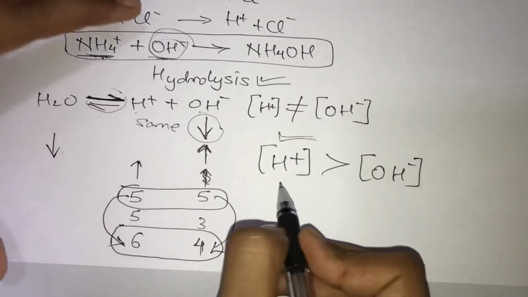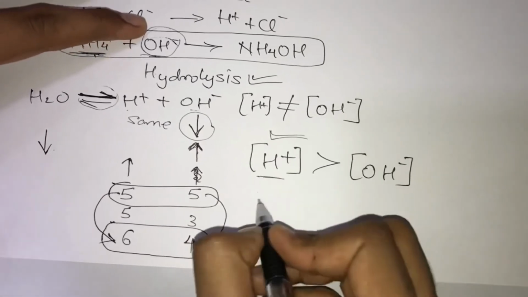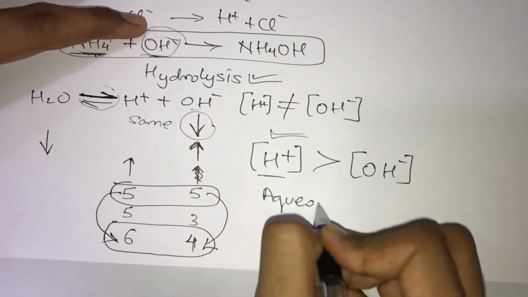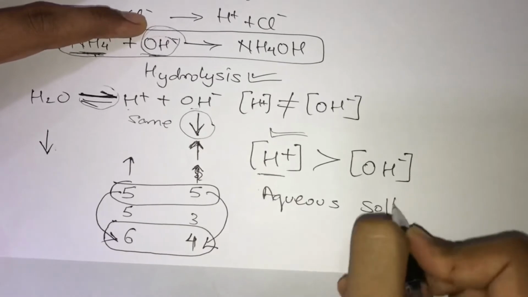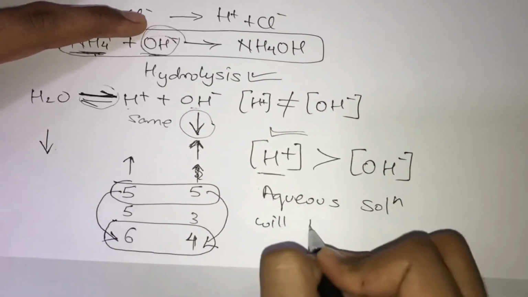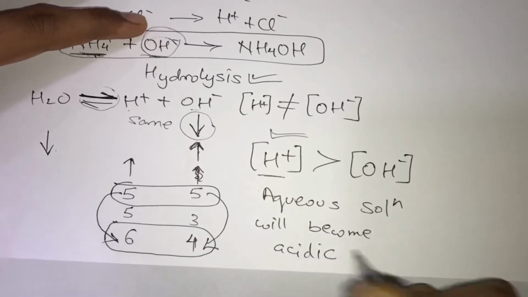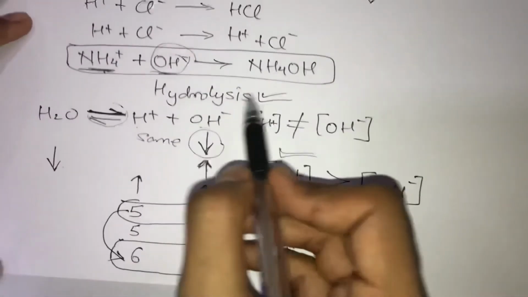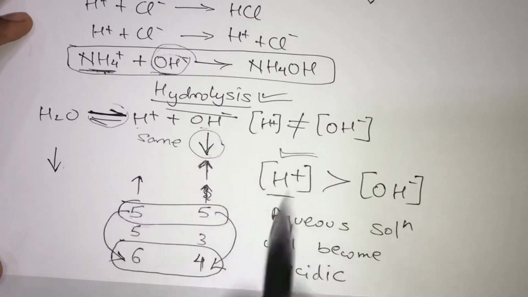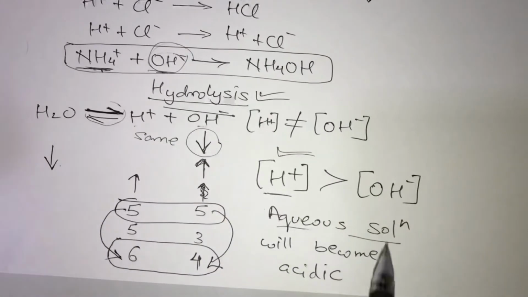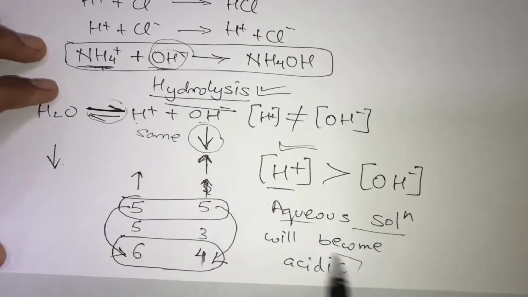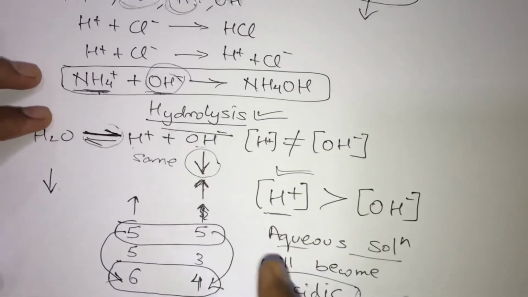And if more H plus gets produced, then your aqueous solution will become acidic. So this is the effect of hydrolysis on the aqueous solution, that your aqueous solution has now become acidic.